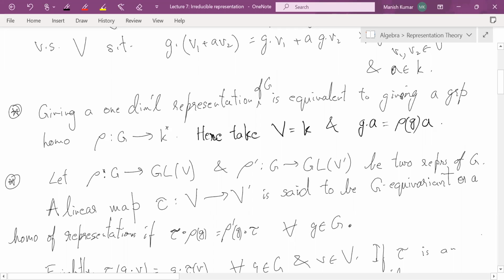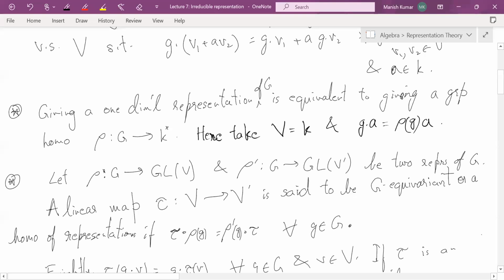Homomorphism of representation. So you'll see that there are not too many non-trivial maps between representations, in some sense. So I will make this more precise. There is something called an irreducible representation.